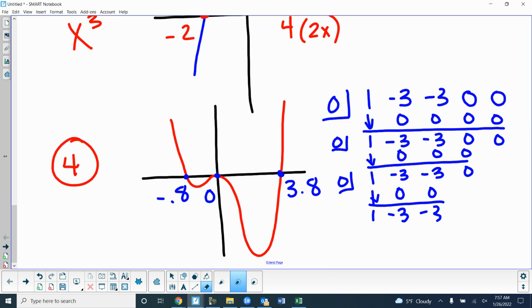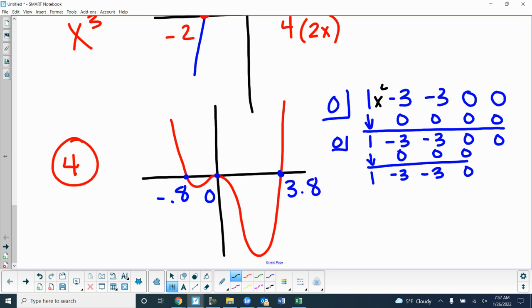So this doesn't work. So if you're having trouble finding these points in your calculator, what can I do to find the other two? What's this? What type of equation is this? It's a quadratic, right? It started out as x to the fourth.